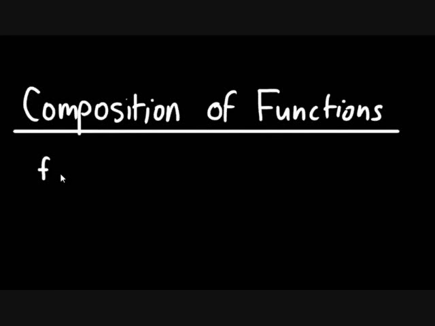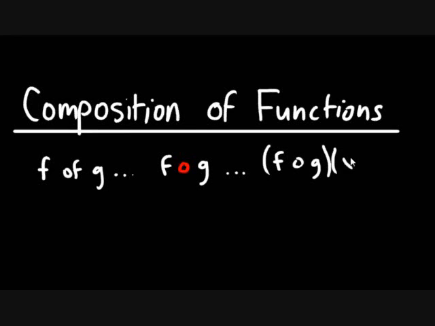Mathematicians usually use the notation f of g, and instead of writing "of," because two letters is entirely too long to write, they just put a little circle or an o. And so we write this as f o g, and we can put that in parentheses, the quantity f o g of x, which is really just the same thing as saying f of g of x, where g of x is the quantity that is going into our function f.